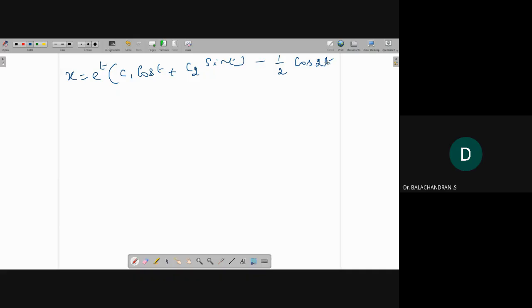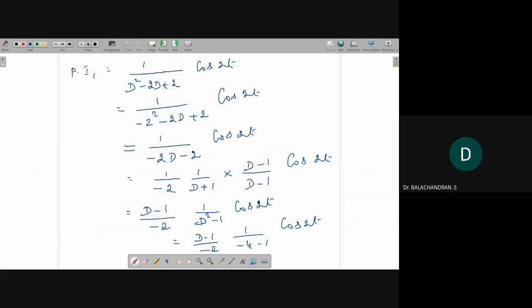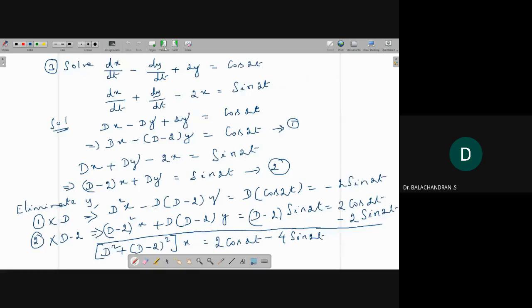So we got x. We need to find y. So now again, I will ask the same question to you. There are two equations. You have x, x is known, you need to find y. Which equation will you choose out of these two?